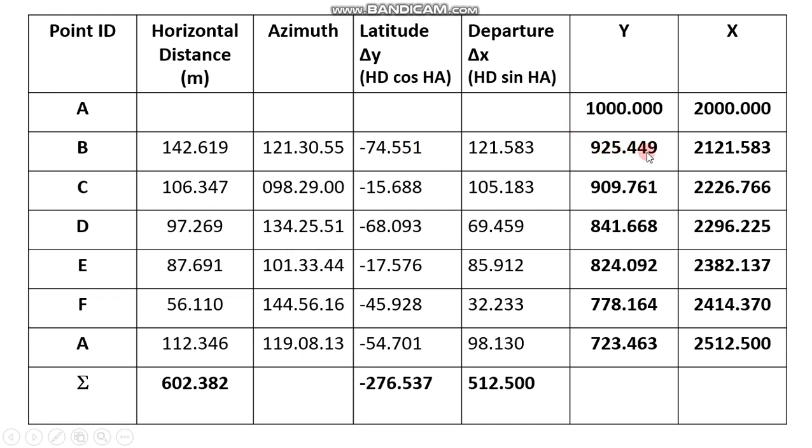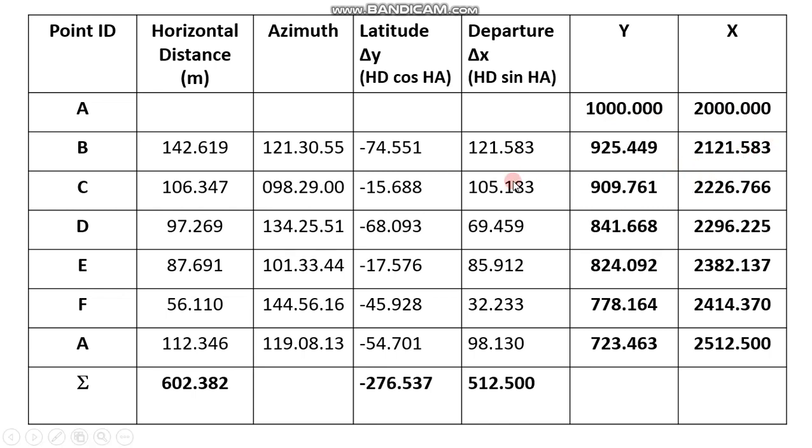That's the y coordinate for point B. And for the x coordinate, we say 121.583, which is our delta x, we add it to 2000, the x coordinate for point A. We get 2121.583.